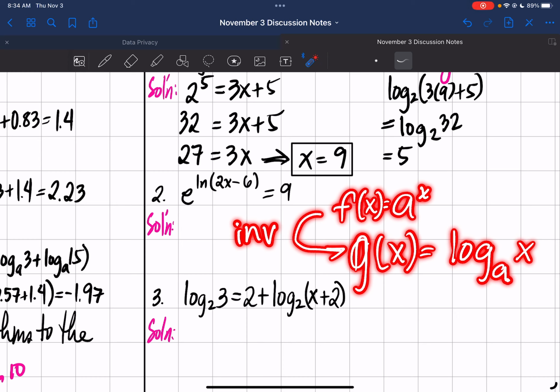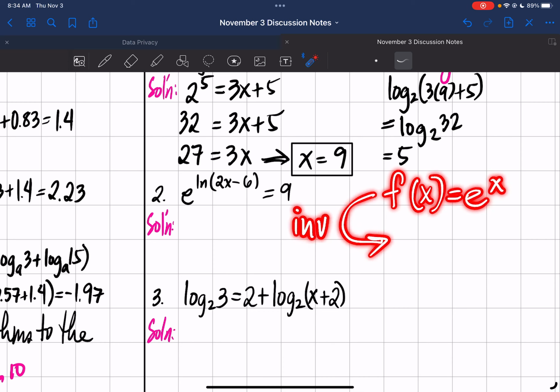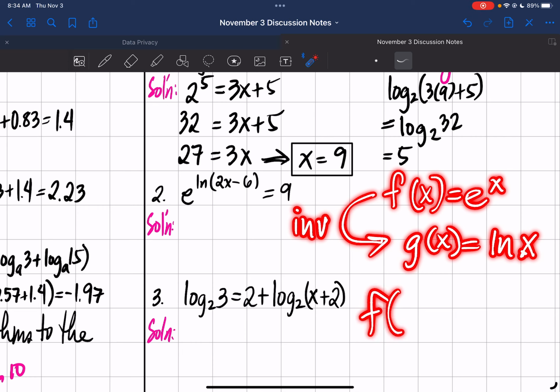So, if our a is Euler's number, we have f of x equals e raised to x. The inverse of this is g of x equals ln x.